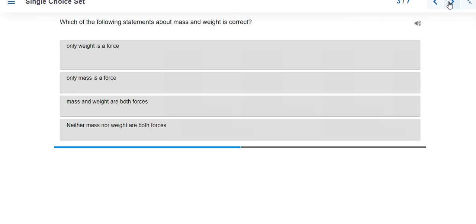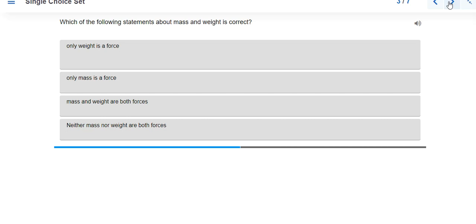Which of the following statements about mass and weight is correct? Only weight is a force. Only mass is a force. Mass and weight are both forces. Neither mass nor weight is a force. Don't forget that mass is the quantity that is associated with an object or a body.